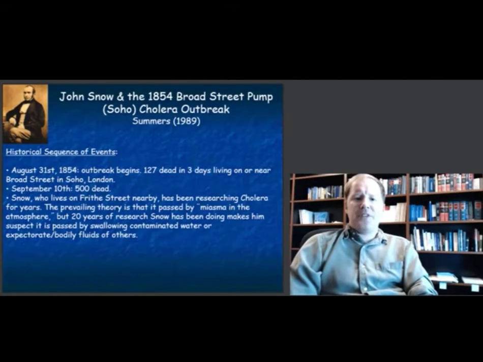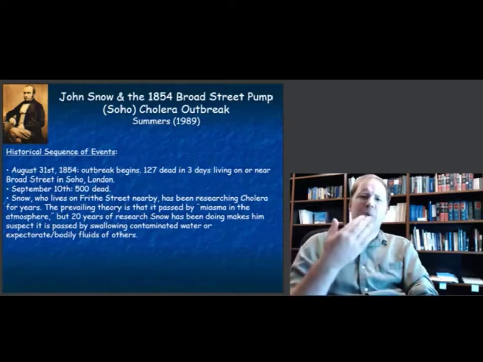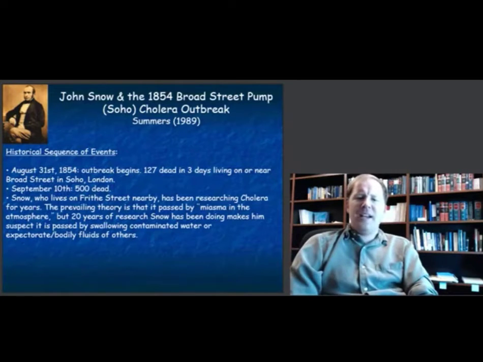Snow lived on Frith Street nearby, and he'd been researching cholera out of interest for years. The prevailing theory at the time was that it was passed by, quote, miasma in the atmosphere, some sort of communicable disease by breathing, but nobody was quite sure exactly how it was transmitted. But 20 years of his own personal research had led Snow to a different conclusion.